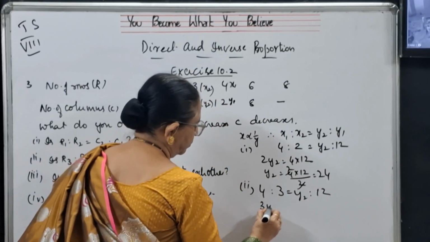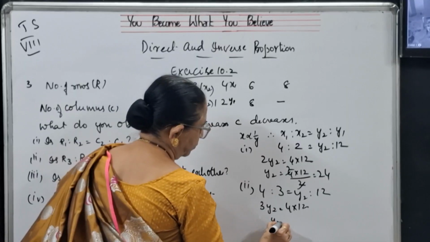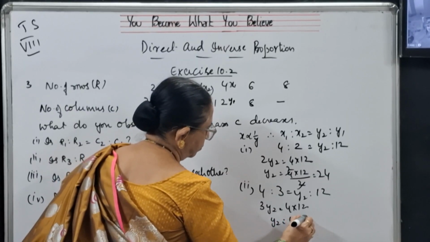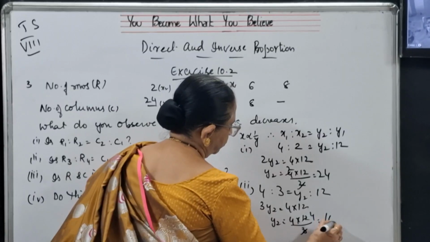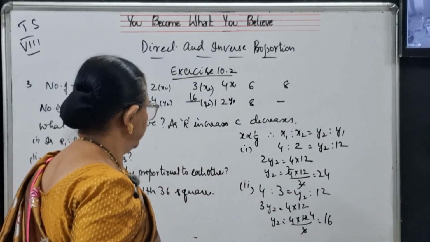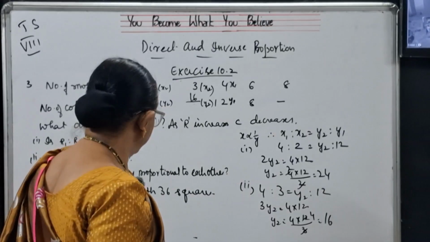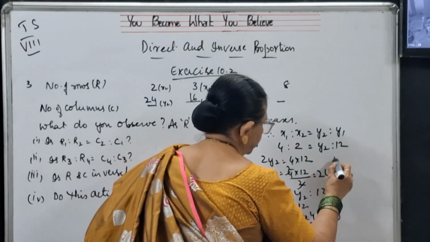So 3y2 is equal to 4 into 12. So what is y2? 4 into 12 by 3. 3 ones are 3, 3 fours are 12, 4 fours are 16. So here I am getting 16. One more is there. I'll do it here, children. Third bit.